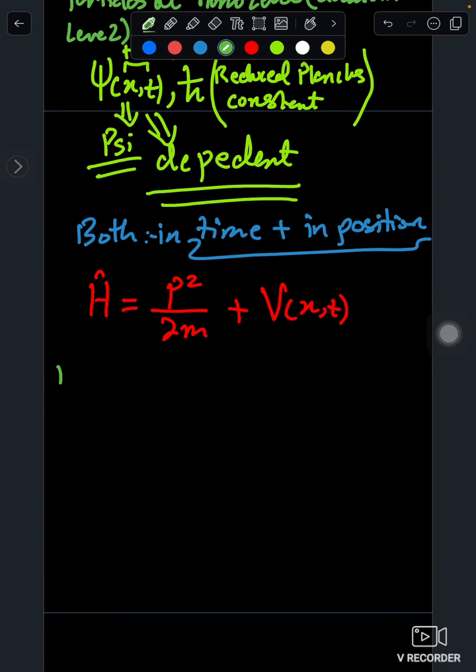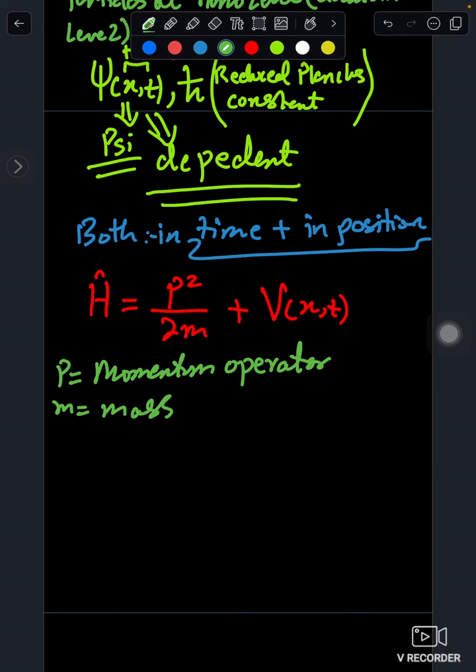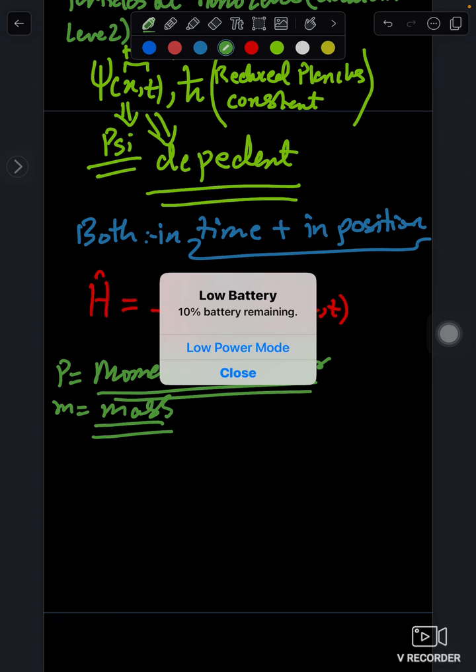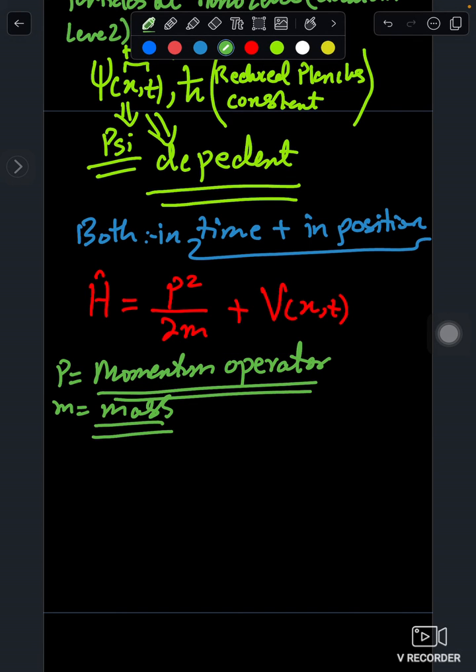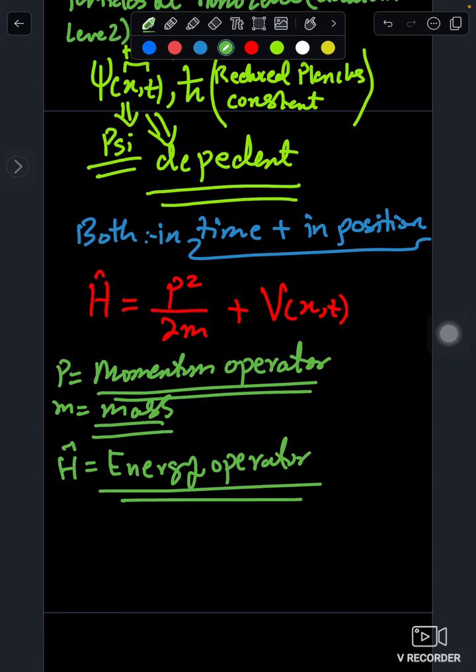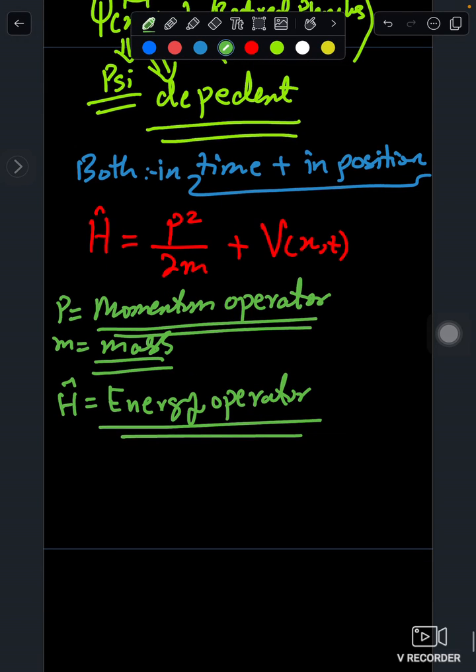So here P is the momentum operator, m is mass, and H is the energy operator. V is potential.